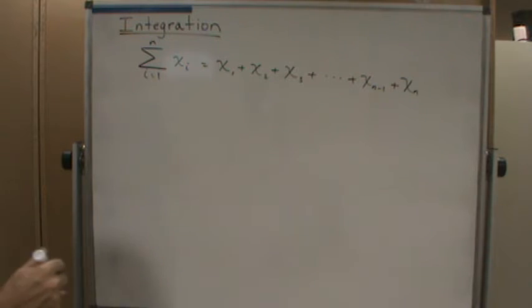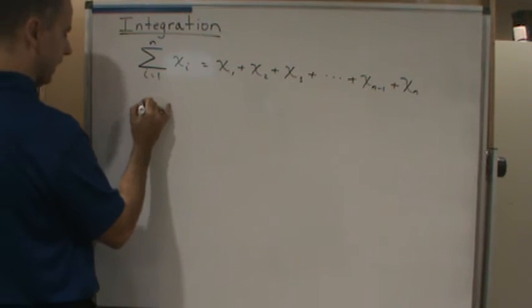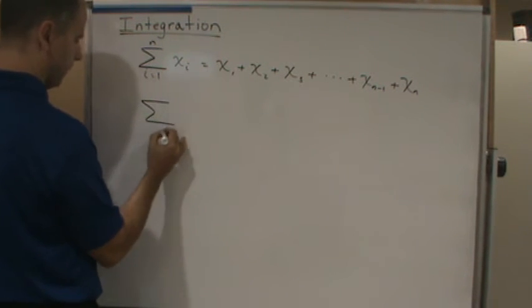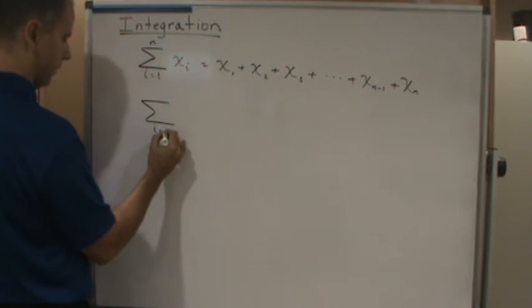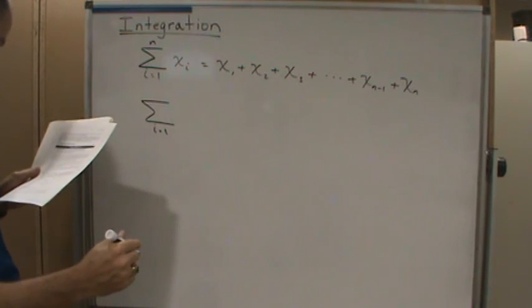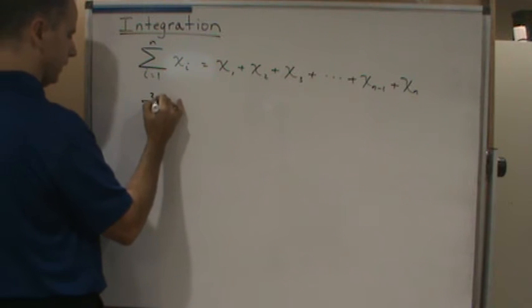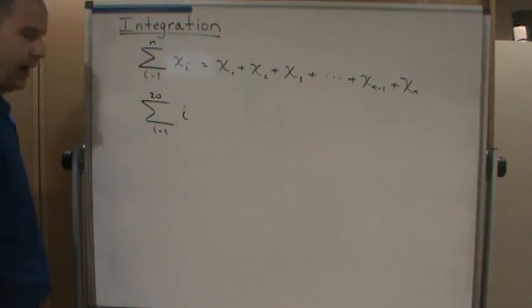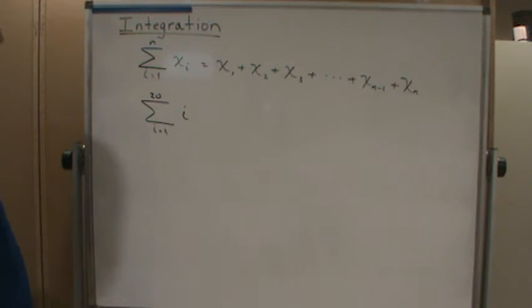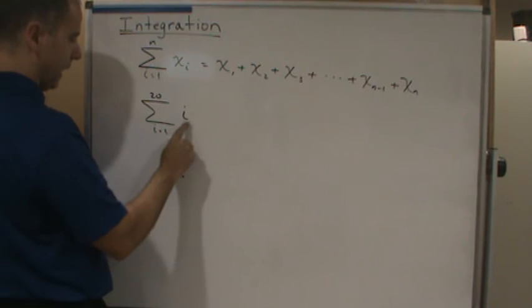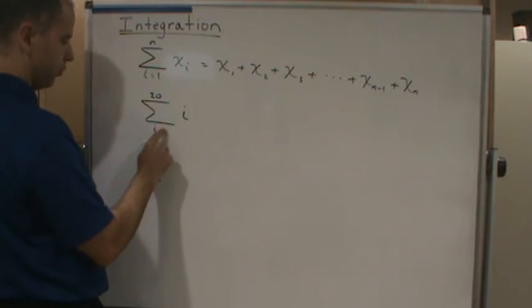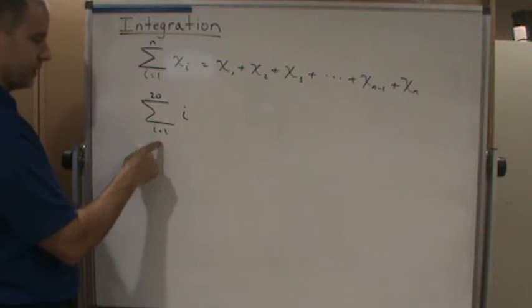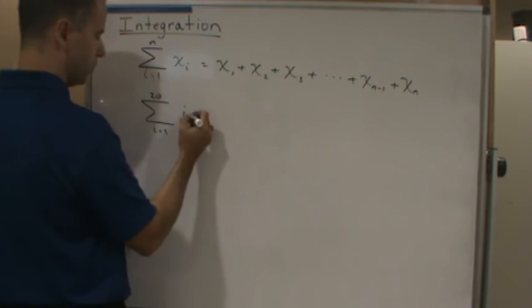So let's give an example here with i. This means I'm going to sum up i from i equals 1 to 20. So what does this translate to? Well, it's just the sum of the numbers 1 through 20.